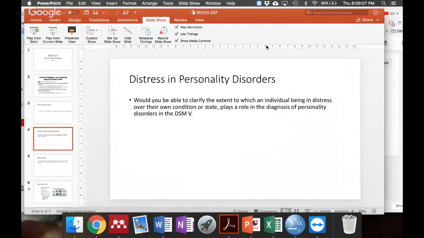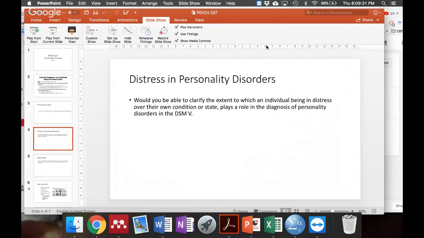So that is, the person may not be in significant distress. Let's say they have borderline personality disorder, for instance. They may not be distressed, but they're going to show impairments in other areas, like interpersonal functioning, for instance, which presumably, I can't think of many instances in which, if there were impairments in other areas of your life, it wouldn't cause distress.